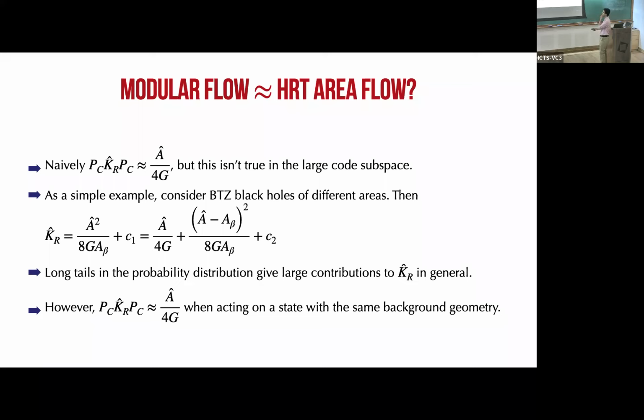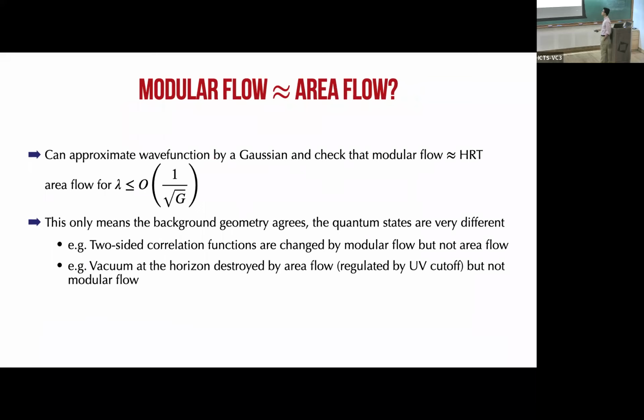Okay, so good. This also gives us the fix, which is basically that when we're acting on a state which has the same background geometry, this term is small, and so we can now approximate the modular Hamiltonian with just the area operator. So that's the story here. You can then do this approximation and check that the modular flow is well approximated by the area flow. What that means is just that the background geometry agrees.